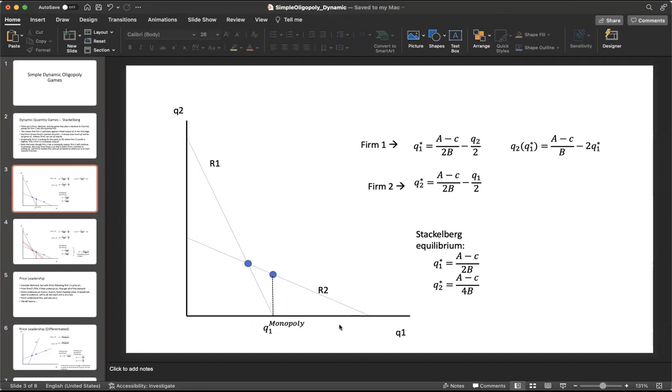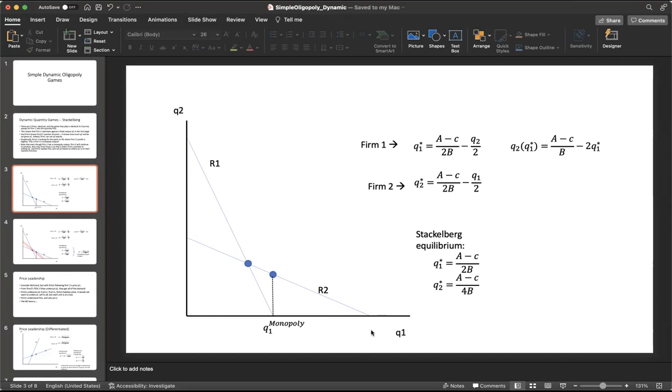So if this is the monopoly output, we discussed this before in the Cournot model. You can depict three situations here: the monopoly output, the Cournot output, and the blank output. That's the test question. Is it, sir, the perfectly competitive output? Correct. It is the perfectly competitive output.